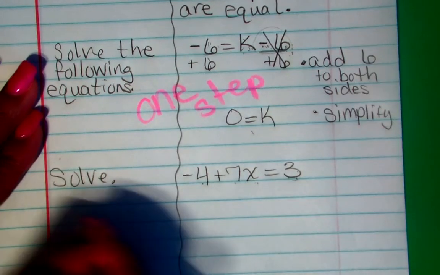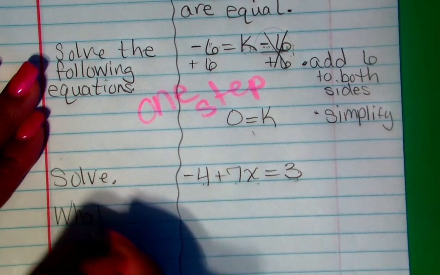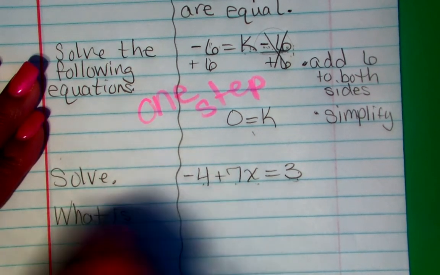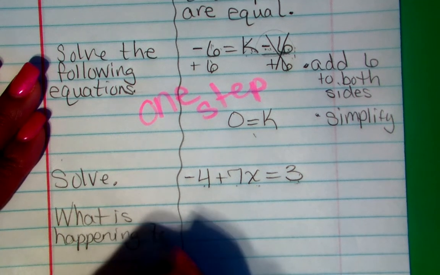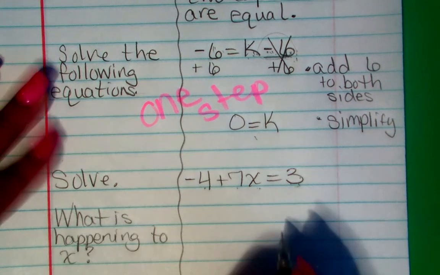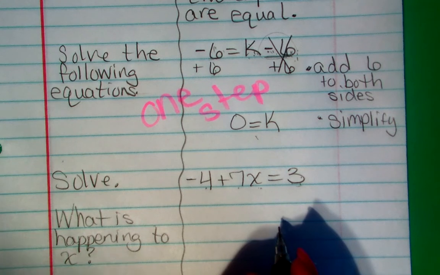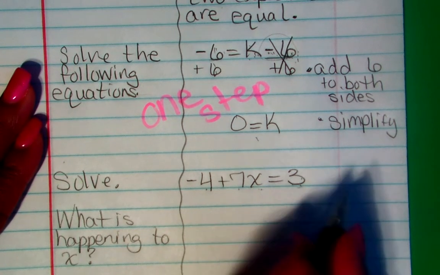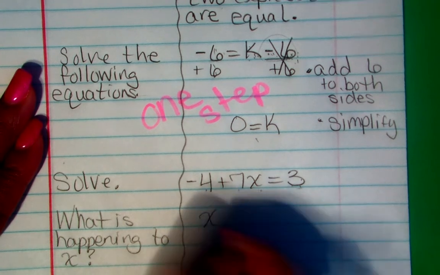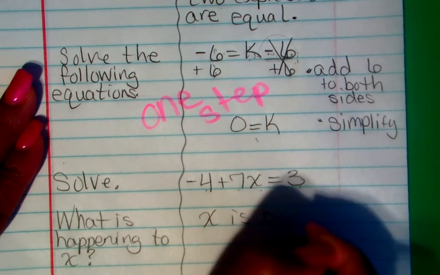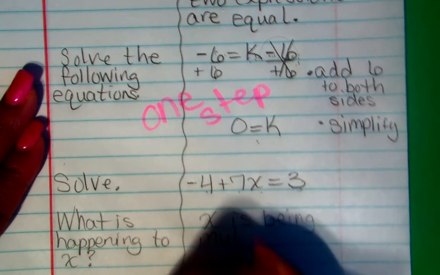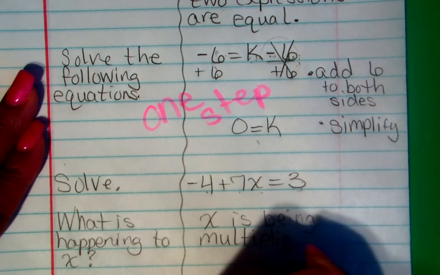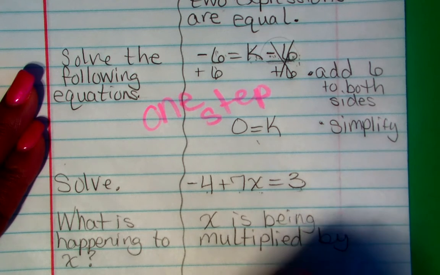What is happening to the x? I'll write this question over here. What is happening to x? If you know what happens to x, you will know what to undo. Okay, so here we would say x is being multiplied by 7.